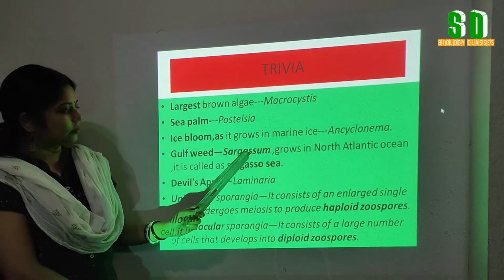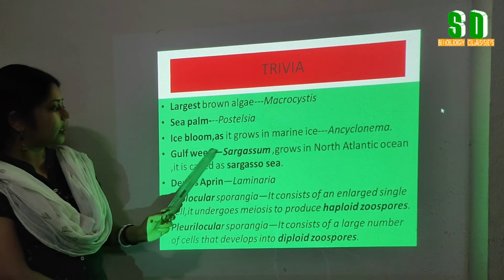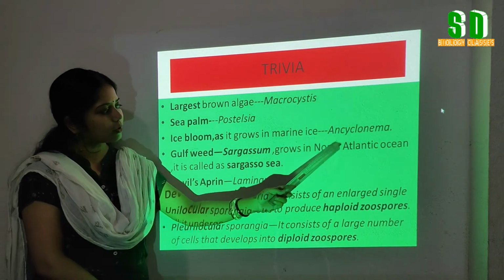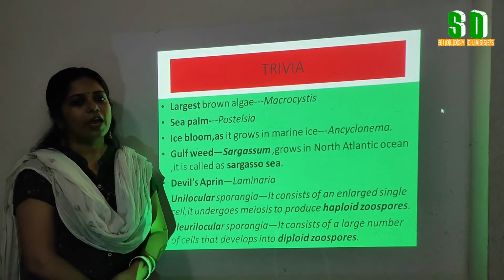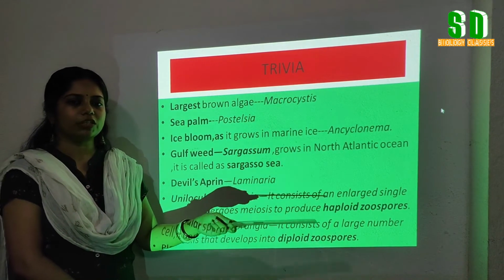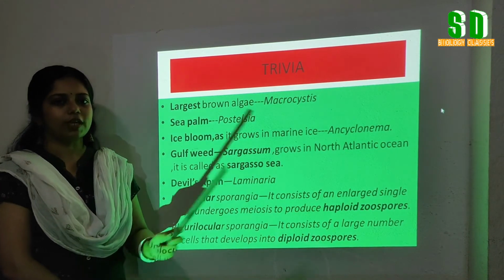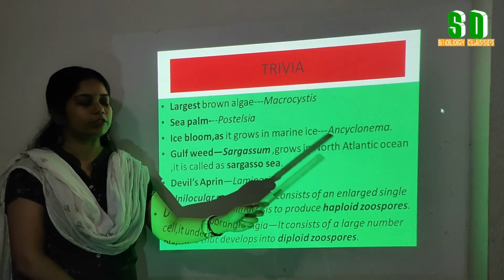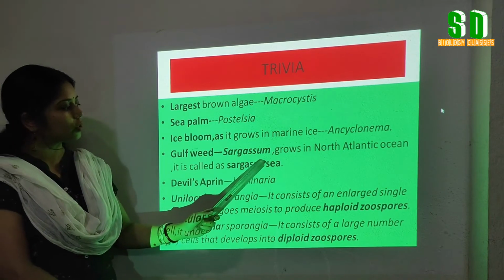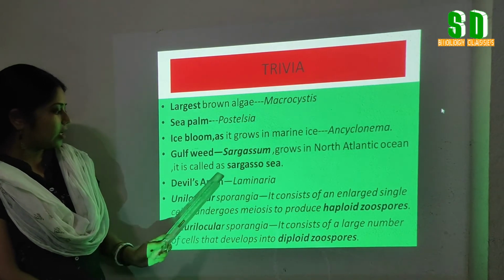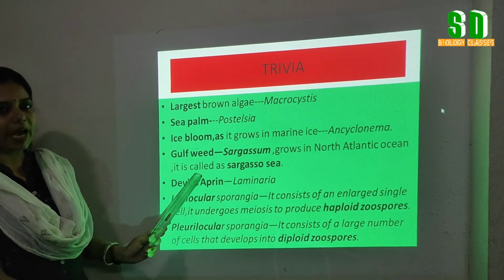Sargassum, another member of PHAEOPHYTA, is called gulf weed. It grows in the North Atlantic Ocean and spreads over hectares of it. That's why that part of the North Atlantic Ocean is called the Sargasso Sea. Laminaria is called the devil's apron.